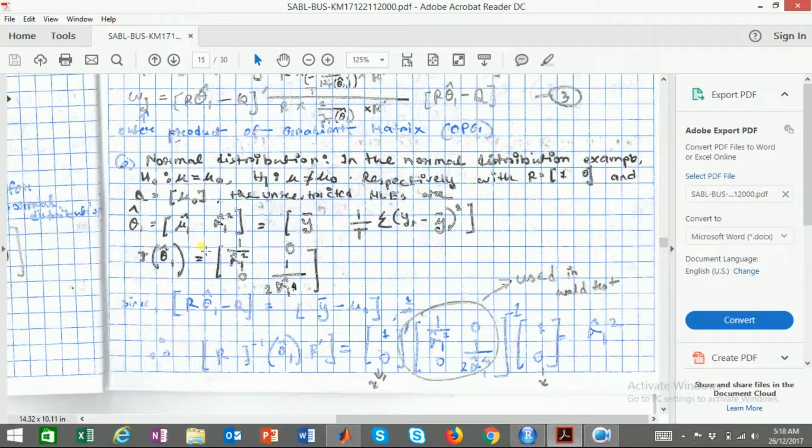The information matrix is 1 by sigma 1 square and 1 by 2 sigma 1 to the power 4. This was also shown before. So R theta 1 minus q equals y bar minus mu naught.